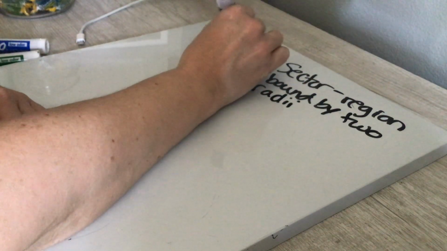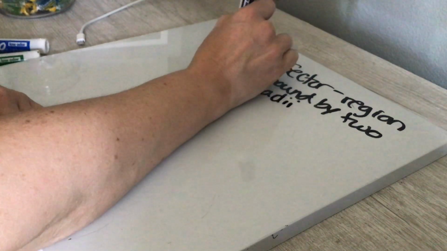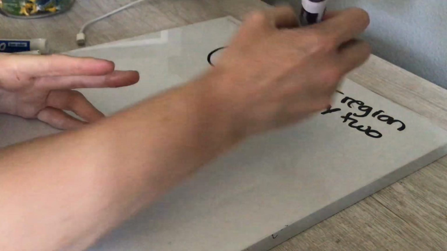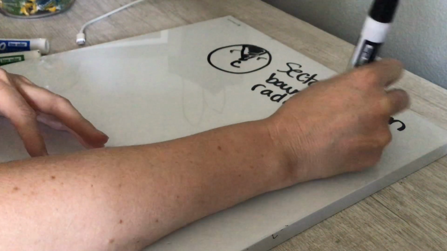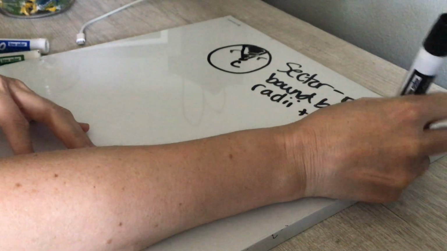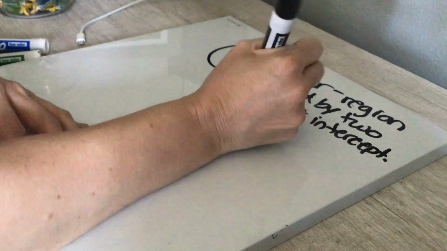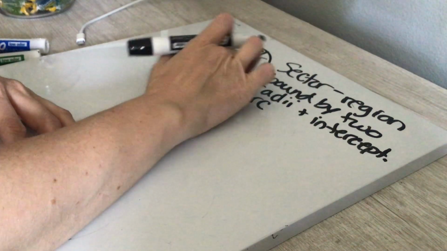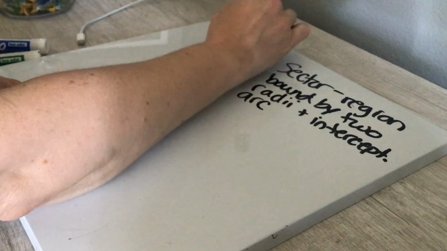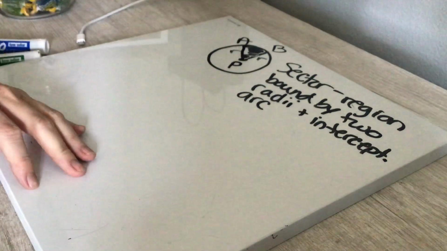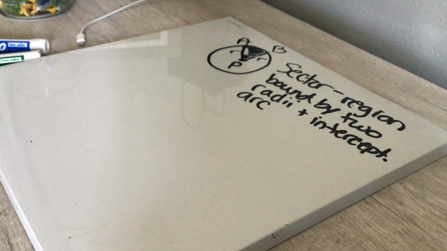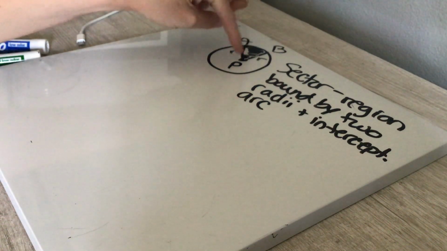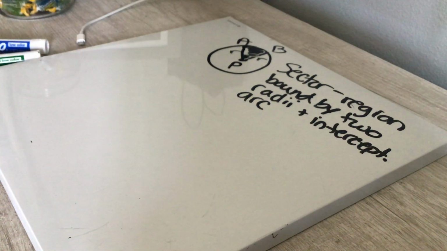So this is my sector. This would be a radius and this would be a radius. This is your center. Okay? And their intercepted arc. So this is P, this is arc AB. So we have sector APB is bound by the two radii, so AP and BP, and arc AB.